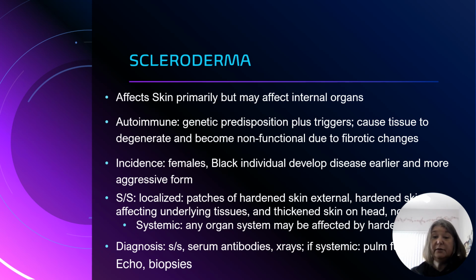So diagnosis of scleroderma is supported by clinical manifestations and serum autoantibodies. So don't forget, with these autoimmune disorders, we expect to have autoantibodies to the disease, and we can find those in the blood, right? And there's markers and all these things that we can look at.